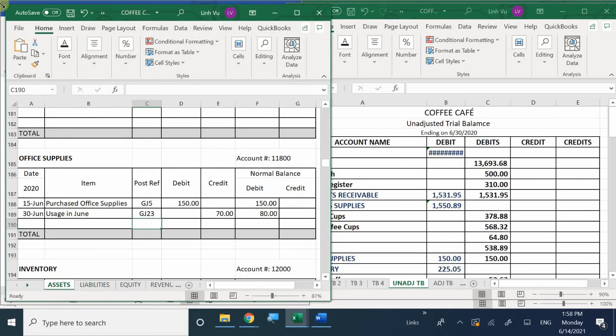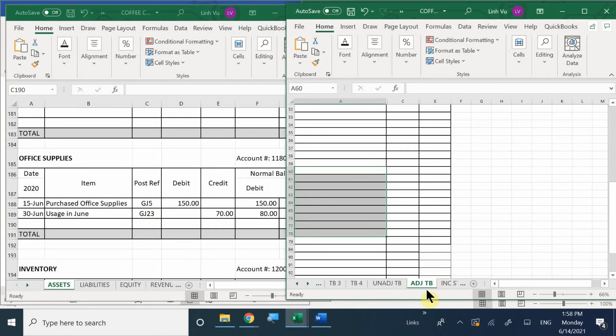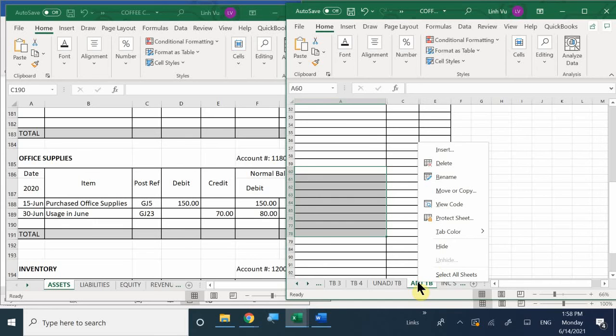Okay. And what I'm going to do, once again, to save you some time since it's already half done for you, is go ahead and delete my adjusted trial balance.